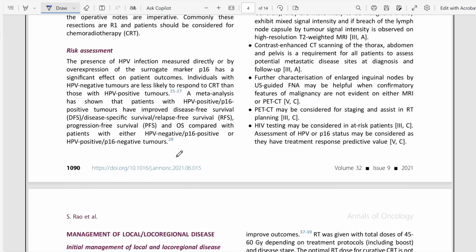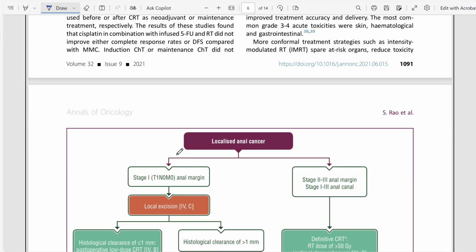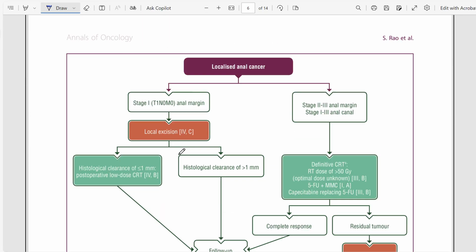As mentioned, no anal canal cancer that involves the sphincter would be recommended for surgery. Anal margin cancer stage 1, T1 only, would be recommended for local excision.